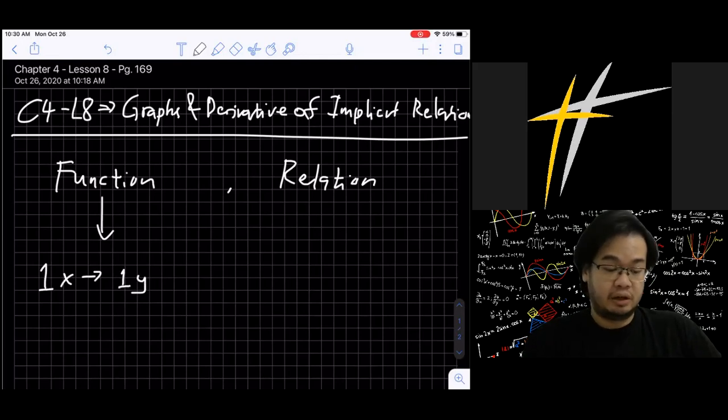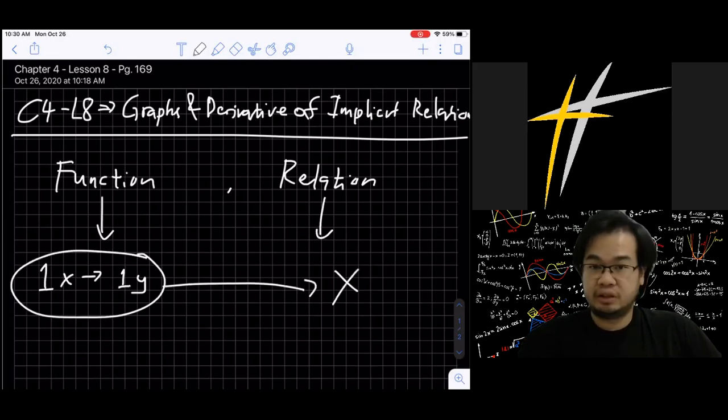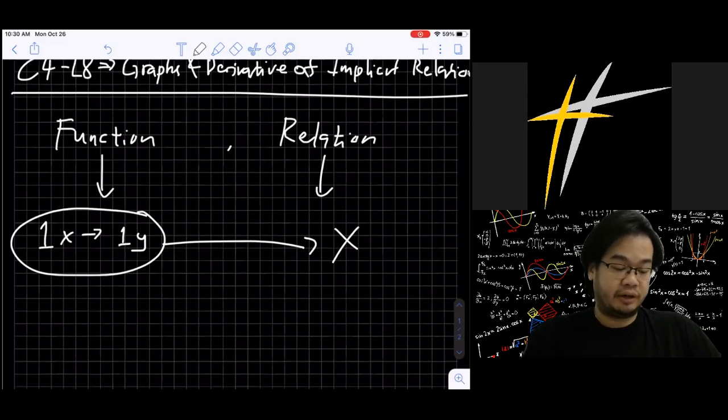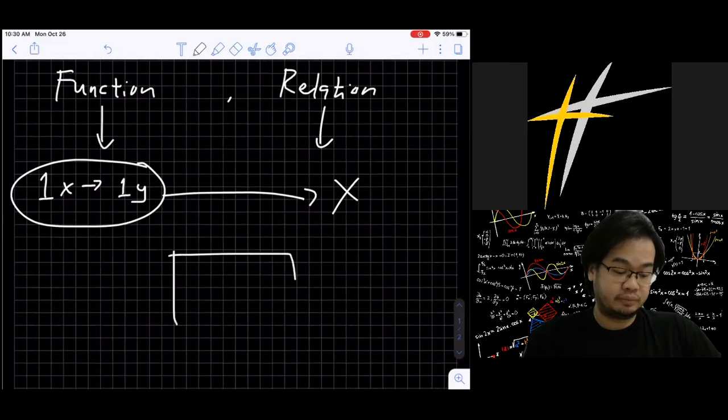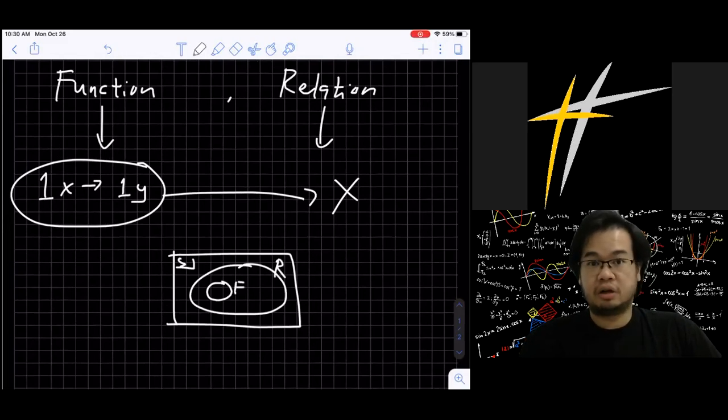But for relation, it doesn't have this boundary. If we draw the Venn diagram, then actually all functions will be a relation, but not all relation will be a function.